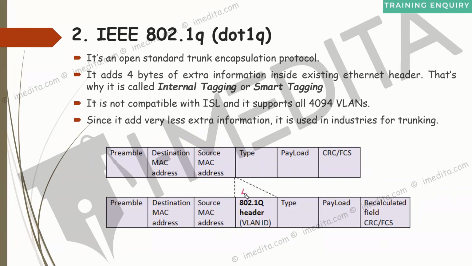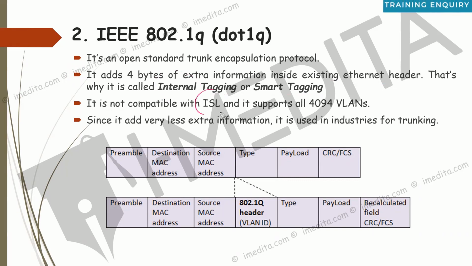It is added inside the Ethernet header itself, so it adds 4 bytes of extra information inside the existing Ethernet header. That is why it is also called internal tagging or smart tagging.